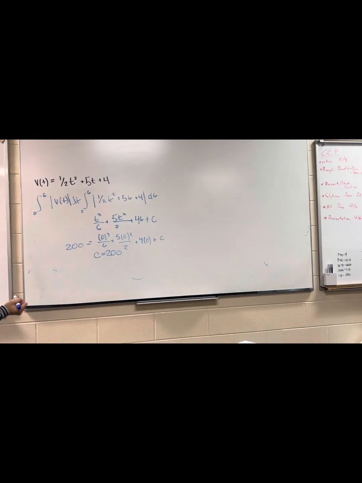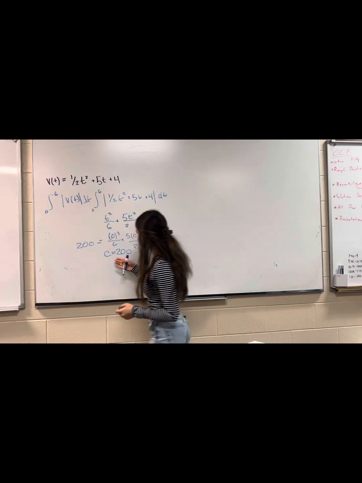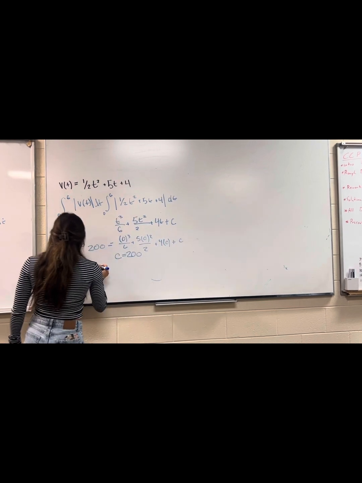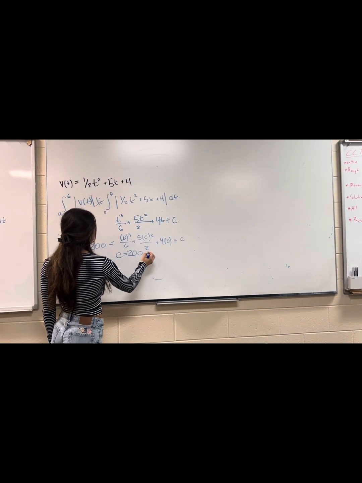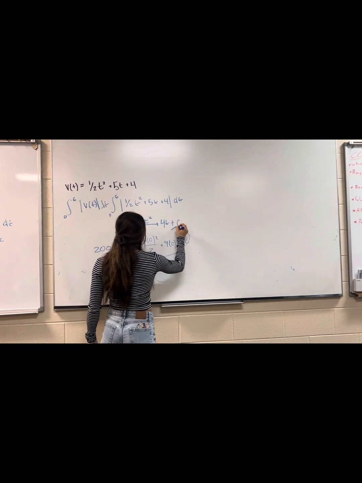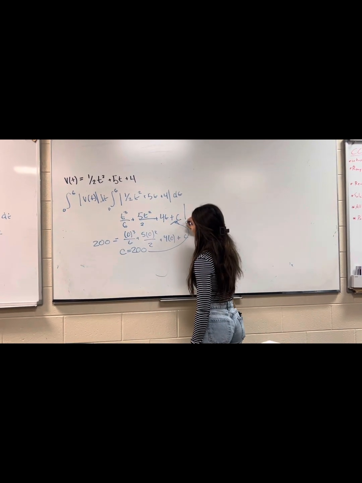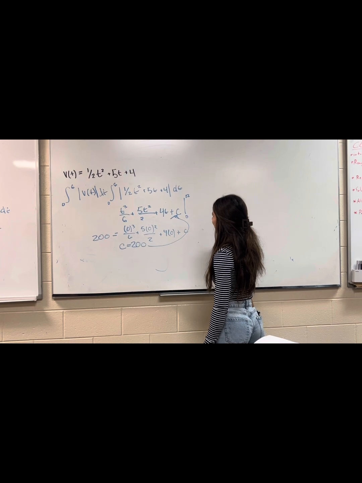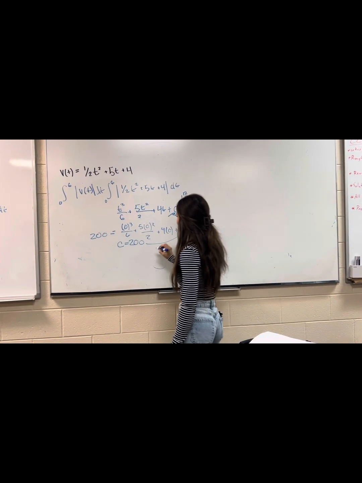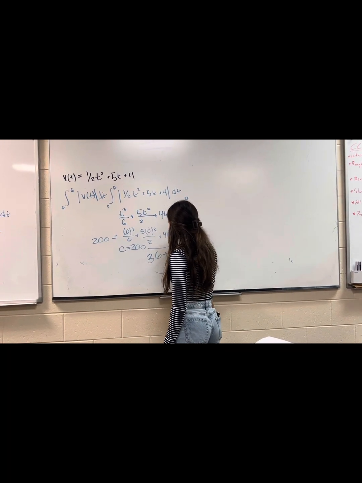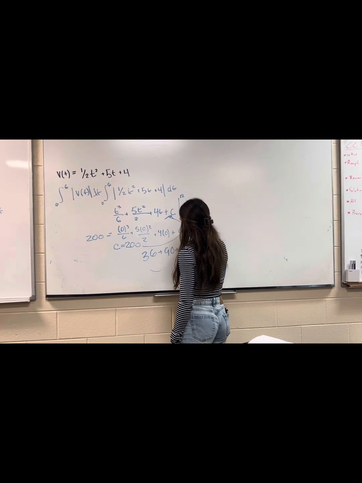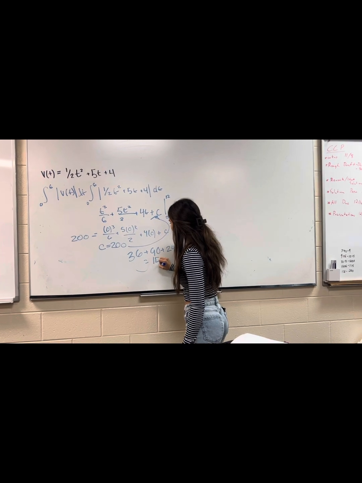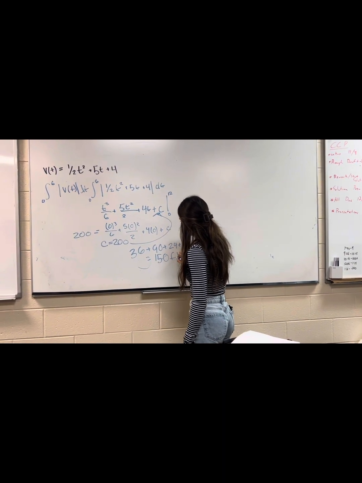Okay, now once we're here, we just plug the c back into our initial equation and then solve. So we're just going to put this up here and then evaluate it from 0 to 12. And we'll get a total of 150 feet.